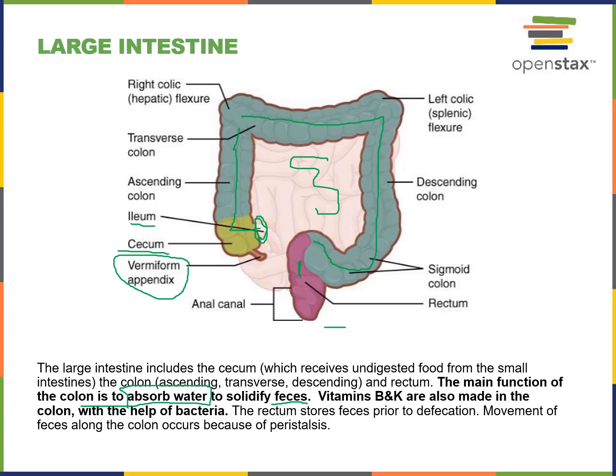More importantly, one thing that we don't talk a lot about at this level is the fact that there are a lot of good bacteria, and some bad, but mostly good bacteria living in the colon. And the good bacteria produce vitamins B and K for us. They actually make it.